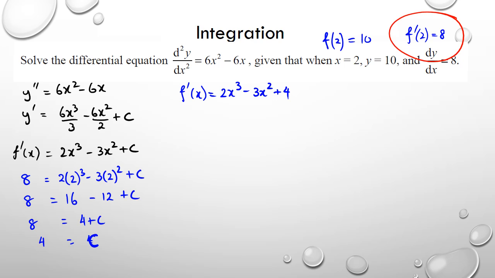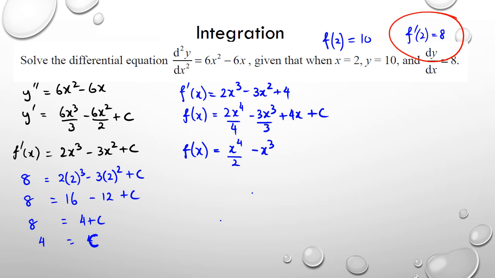When I integrate this, I'm going to get f of x is equal to 2x to the power of 4 over 4 minus 3x cubed over 3 plus 4x, and of course plus another c. Now this can be simplified as f of x is equal to x to the power of 4 over 2 minus x cubed plus 4x plus c. And once again, we've got f of 2 equals 10.